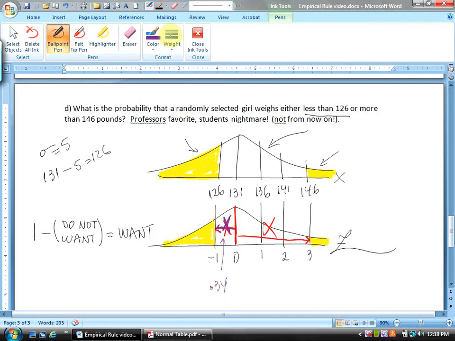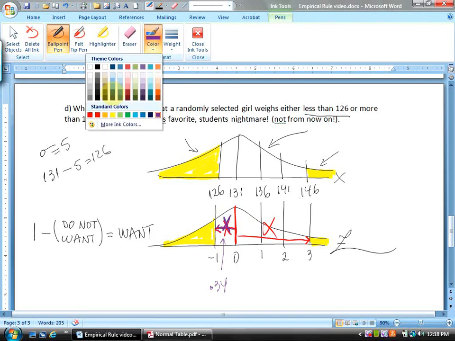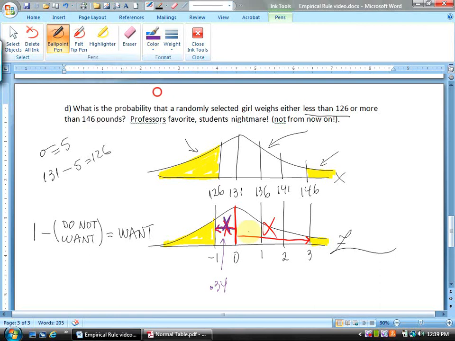Okay. Now looking on the right side, let me pick another color here. I'll pick, I don't know what color is this, but it's kind of red. I went 3 and I don't want this. So what is half of 3 standard deviations? Well, I went one side only. That's what I mean by half. I didn't go both sides.